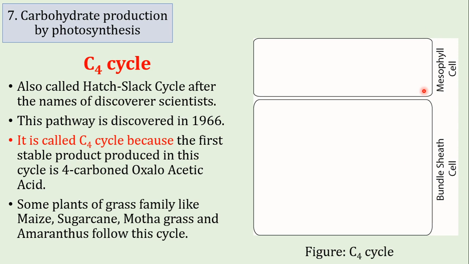The carbon dioxide that enters the leaf through the stomata in the lower epidermis first reaches the mesophyll cell, and then it reaches the bundle sheath cell.